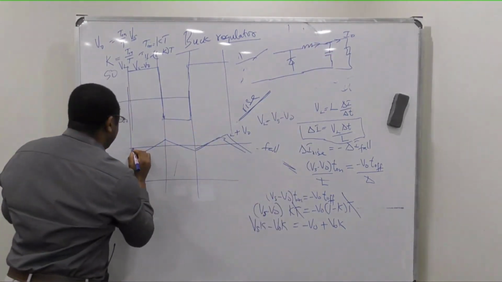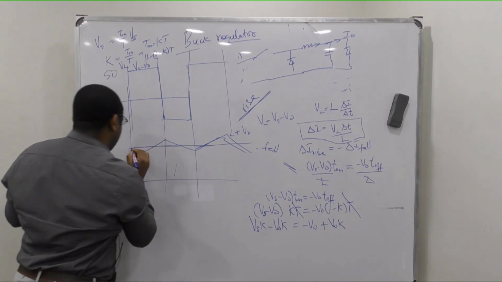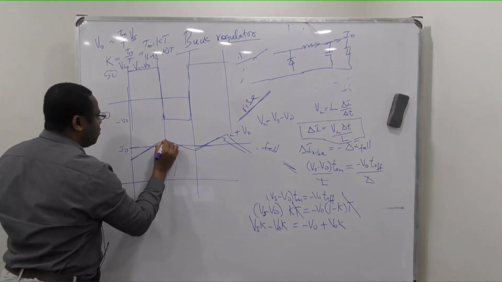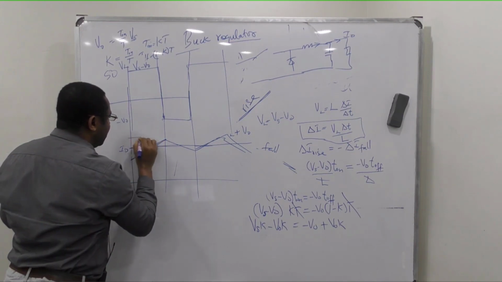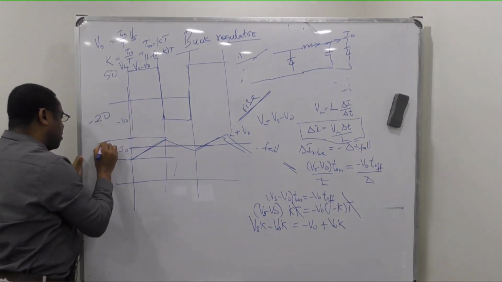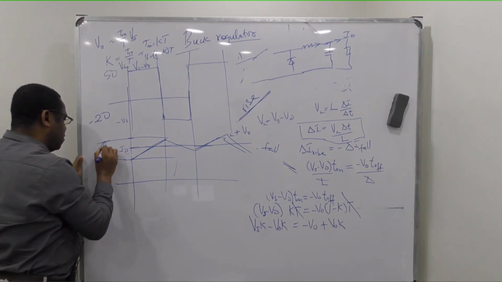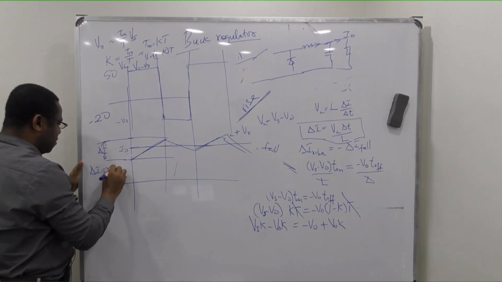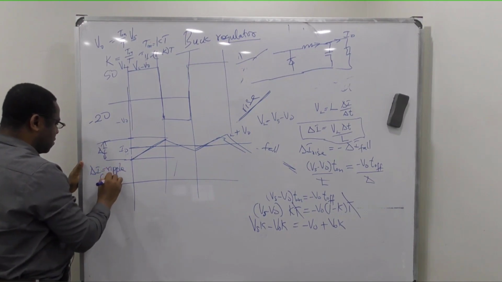So the average value here is Io. From here to here, if I check this distance and that distance, we call it ripple. So delta I is ripple current.